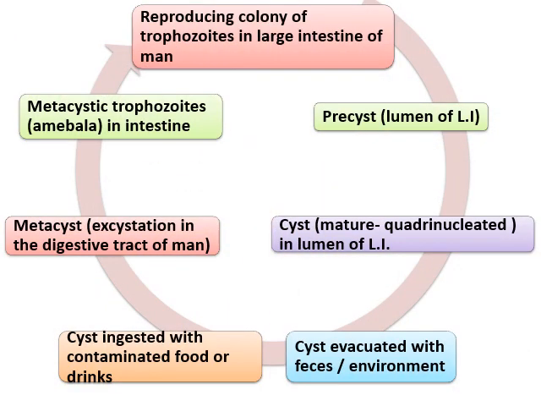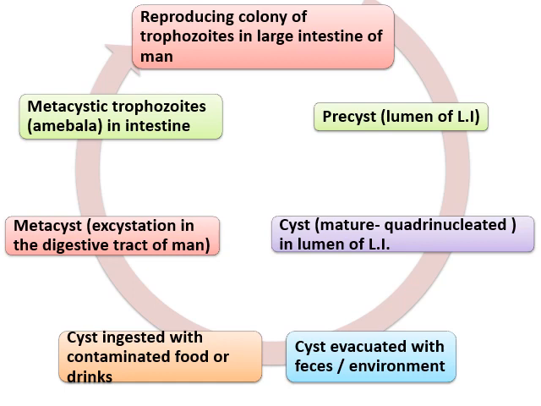This is a diagram for Entamoeba histolytica, the infective stage. It is the mature quadrinucleated cyst, followed after ingestion by excystation, and it produces 8 amoebae, as we said before, which migrate to the large intestine and reproduce by binary fission.